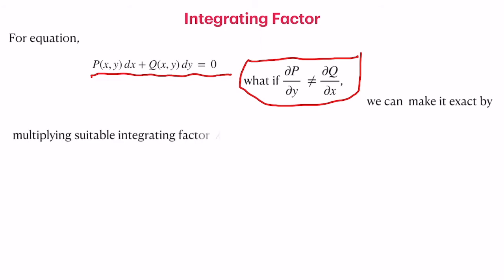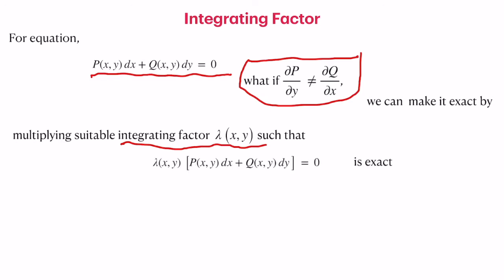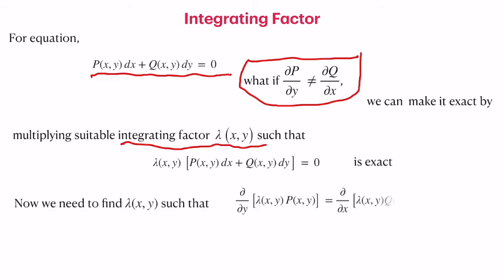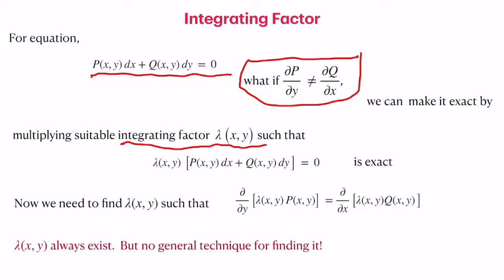Then we can make it exact by multiplying by a factor which is called the integrating factor lambda of x,y, such that we multiply left and right side of the equation with lambda of x,y, and then we choose lambda such that d by dy of lambda P is equal to d by dx of lambda Q. Once we find lambda, it satisfies the condition for an exact differential equation, and then we can solve using the same technique which we have used earlier.